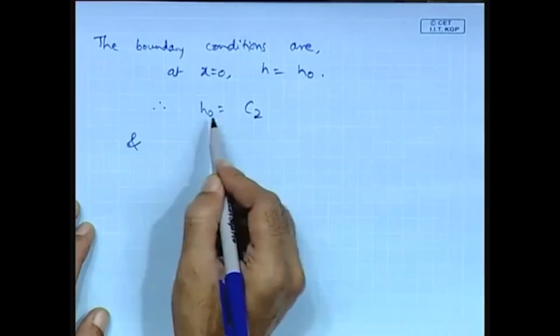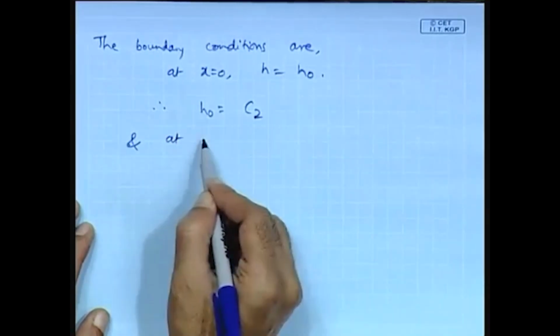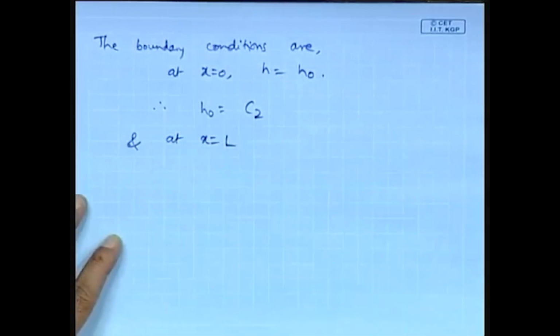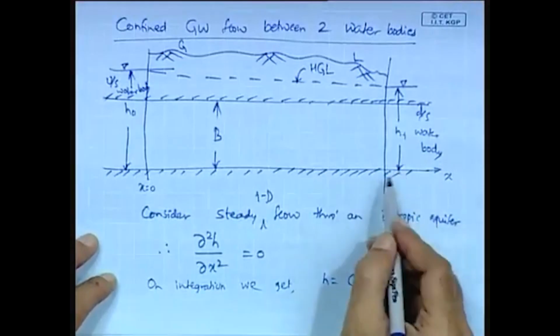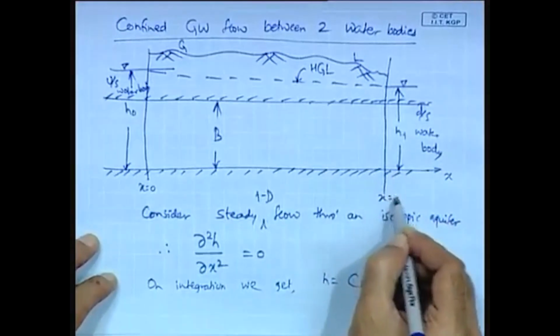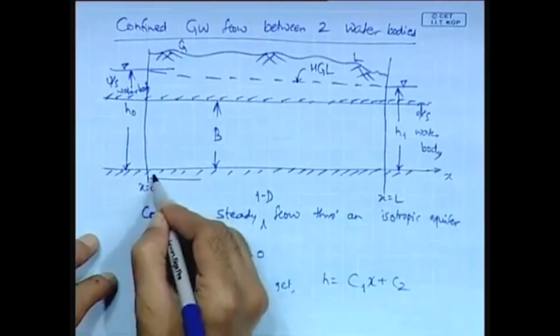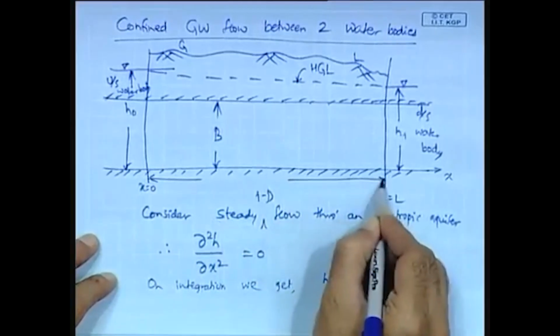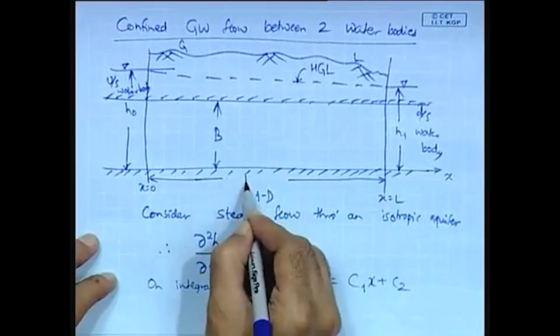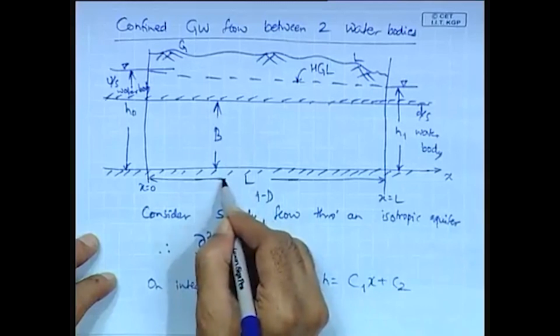And the second boundary condition is at x is equal to L. I am sorry, here I just forgot to show this as 1. So, this is x is equal to L, the distance between the upstream water body and the downstream water body.